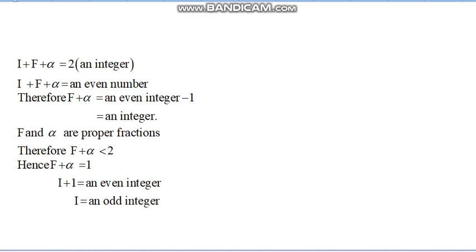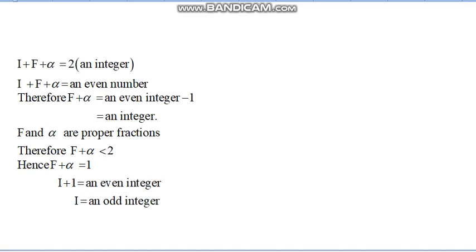So f and alpha are proper fractions, therefore f plus alpha is less than 2, hence f plus alpha is equal to 1. Less than 2 means it is nearly 1 or 1.